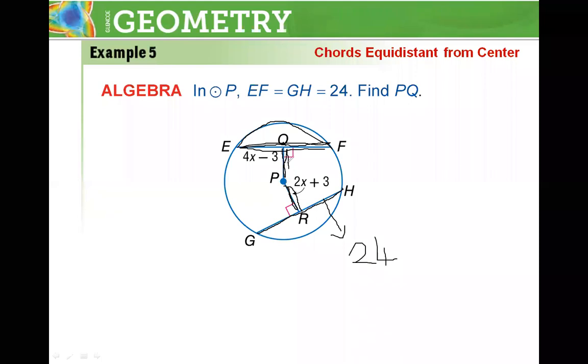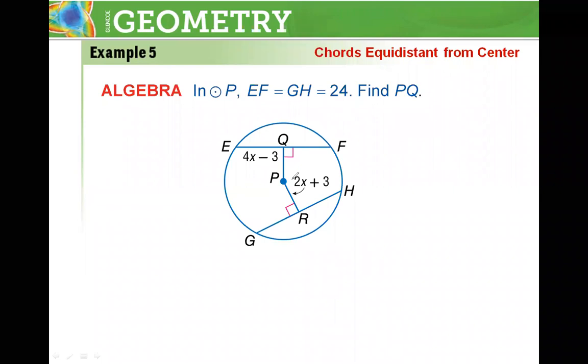Equidistant means BQ must equal BR. The 4x minus 3 is for BQ, and 2x plus 3 is for BR.